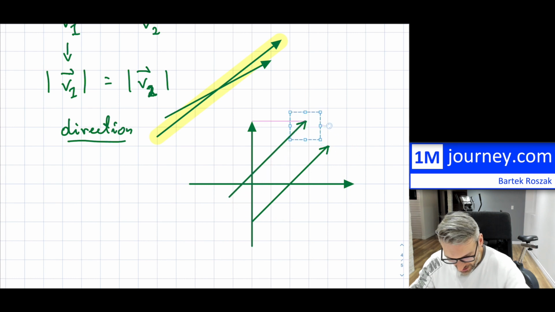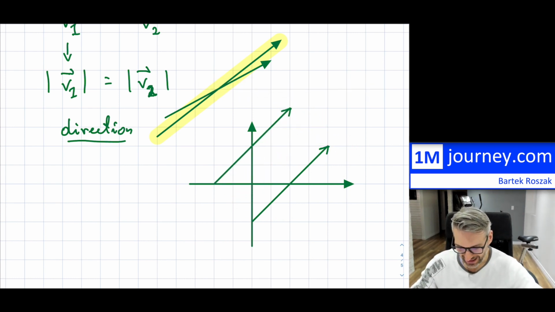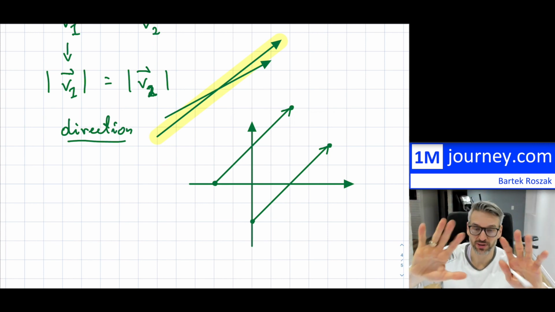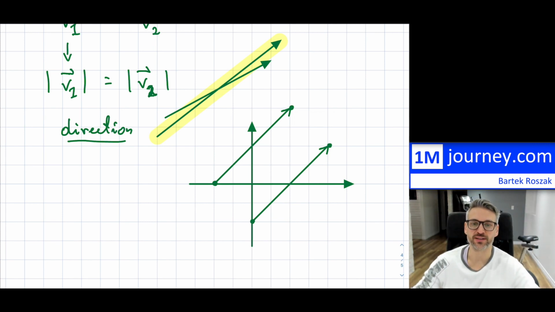It's exactly the same magnitude and exactly the same direction. The location is not the same. The starting points are different, the ending points are different if we drop them on a plane, but they are equivalent in terms of magnitude and direction.